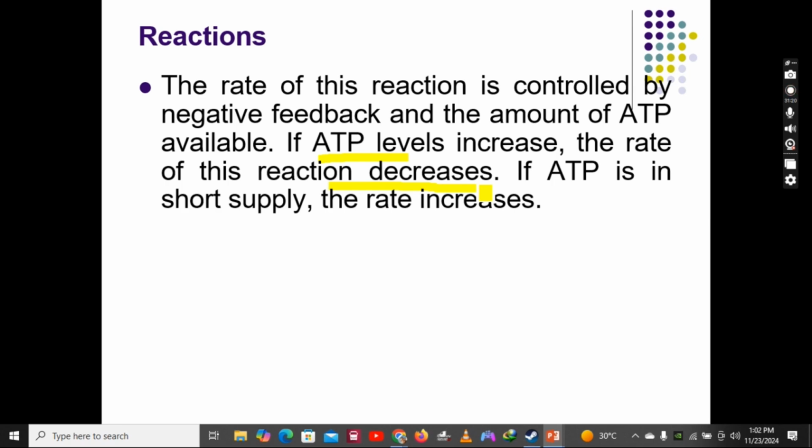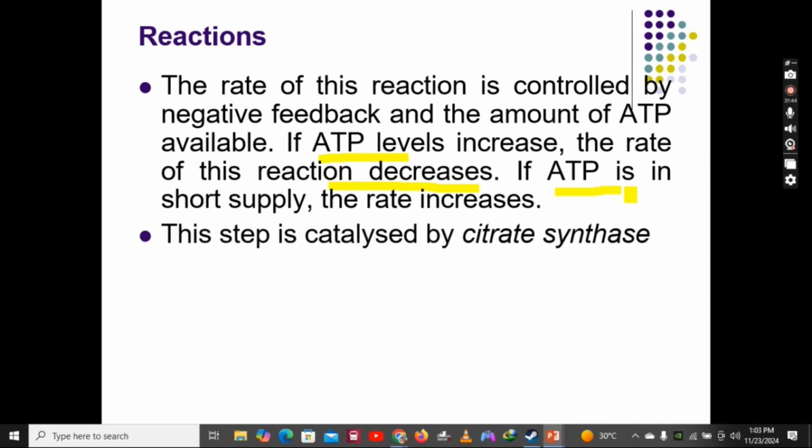ATP plays a negative feedback role. So if ATP is in short supply, that's if the cell has low levels of ATP, then the rate of this irreversible reaction will increase.